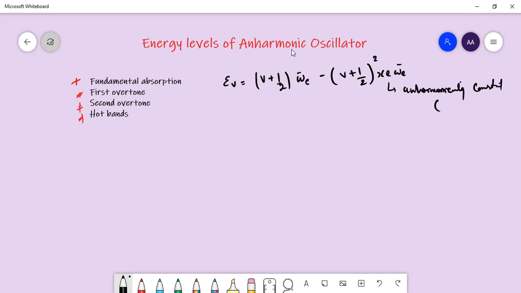This constant is very, very small, approximately 0.01. So this is the energy equation for an anharmonic oscillator.